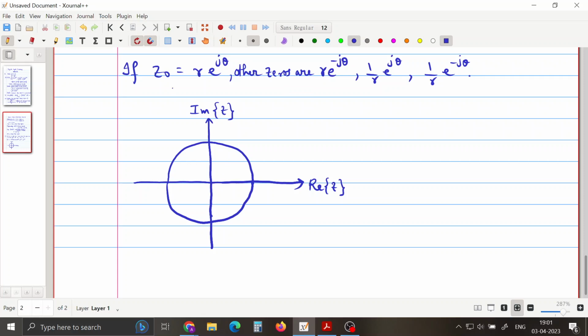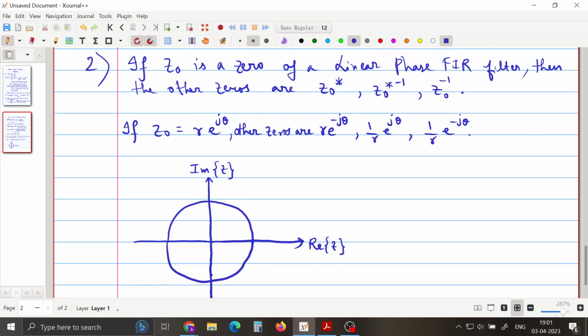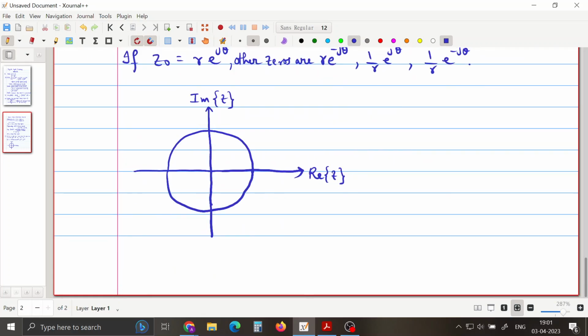Initially we started that if z0 is r e power j theta, we have a 0 at r e power j theta. Let this be somewhere here.